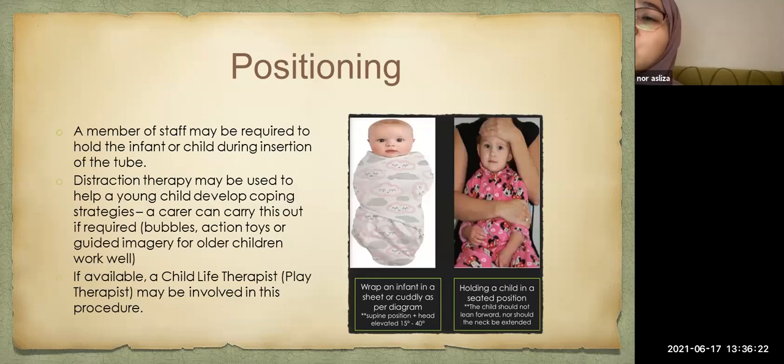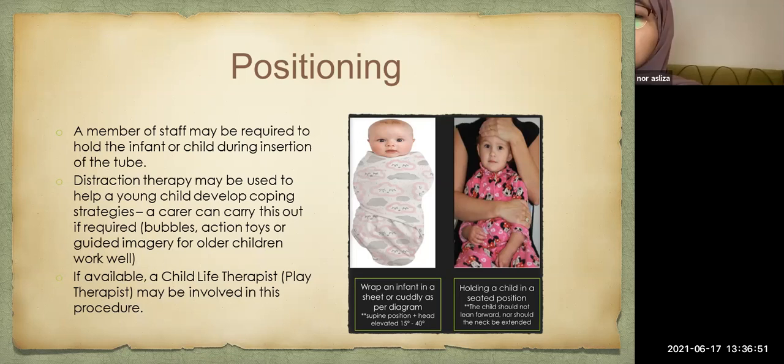Okay, to position the patient during NG tube insertion, we usually need a member or an assistant to hold the child during the insertion. We may use distraction therapy, like giving toys, if available, but usually it is not practiced. A child life therapist may be involved. So we have two positions.